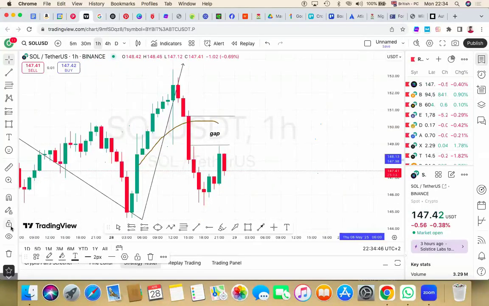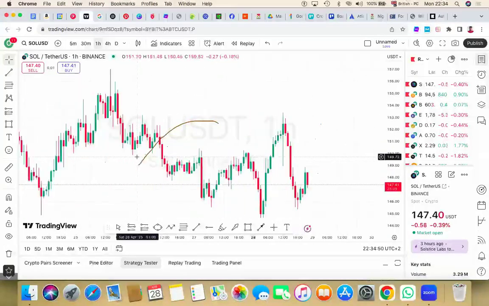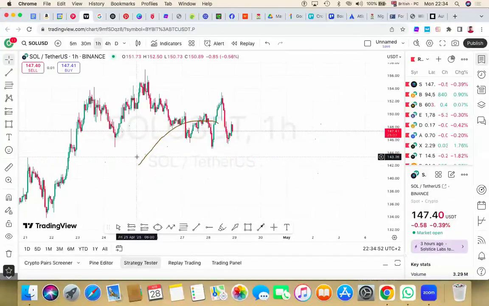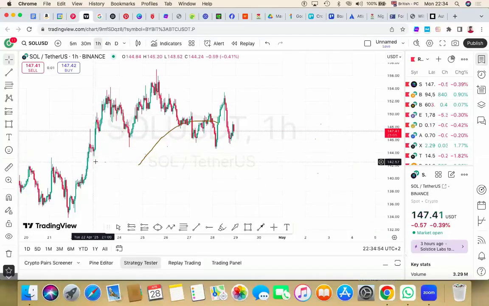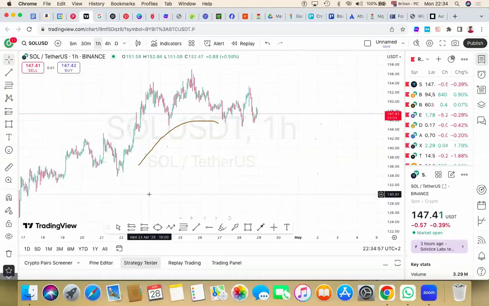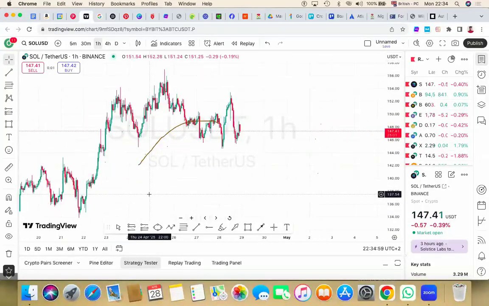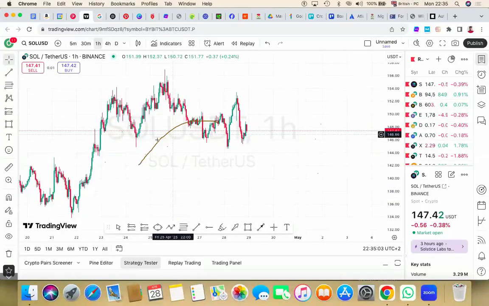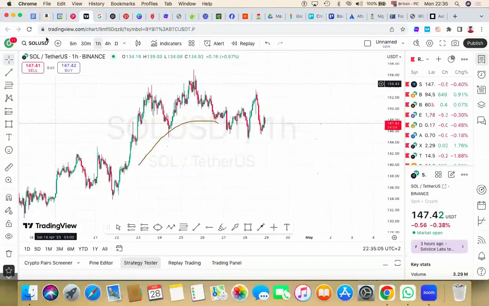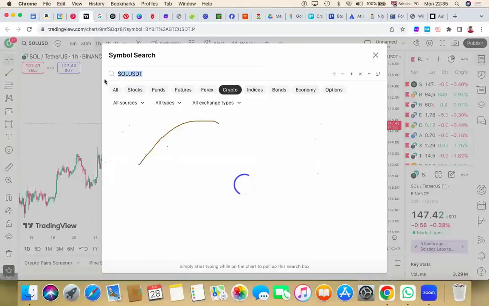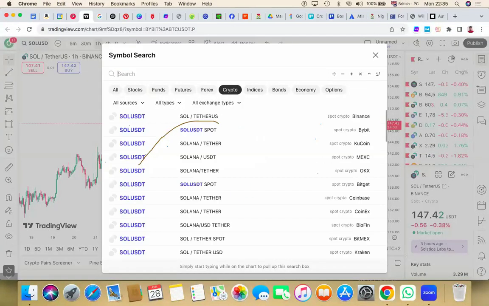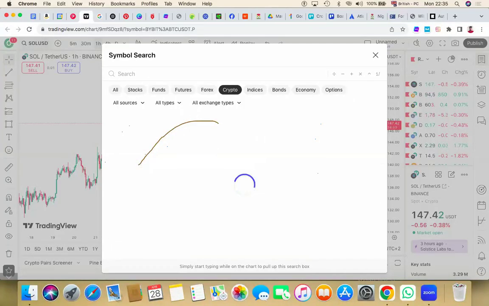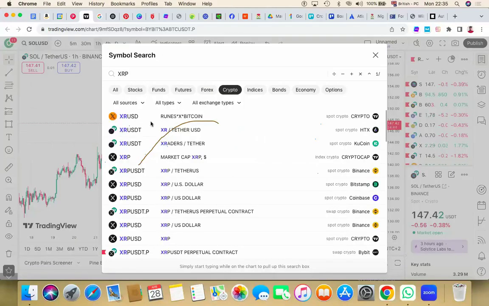Let me clear up this place. So if I was to give you a clear example of what I'm talking about, this market here is choppy. I can use this as an example. Let's see if we can get, let's use SRP, so I can use that to show you your imbalance zone.